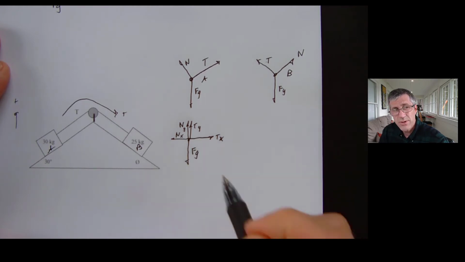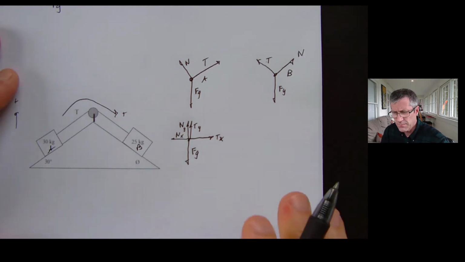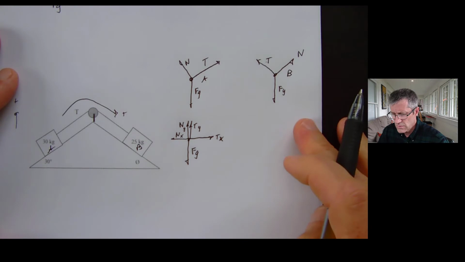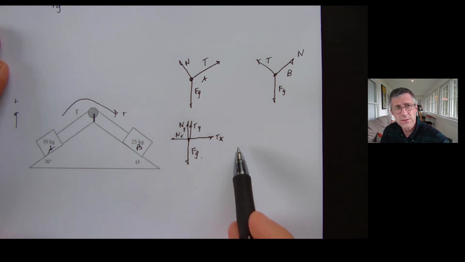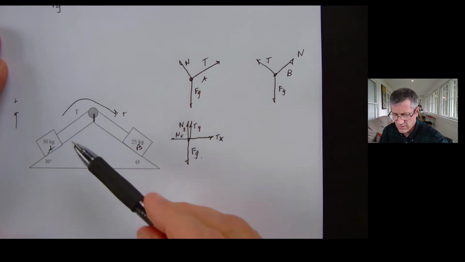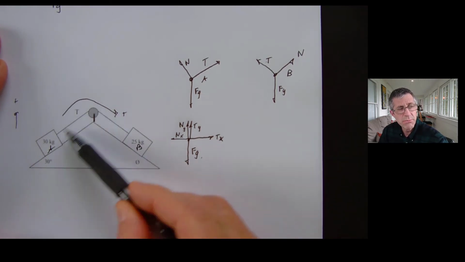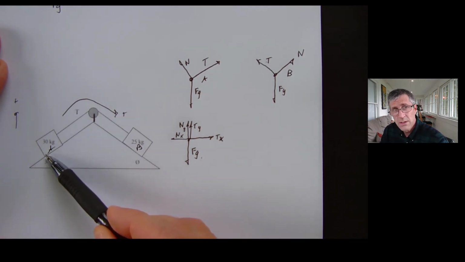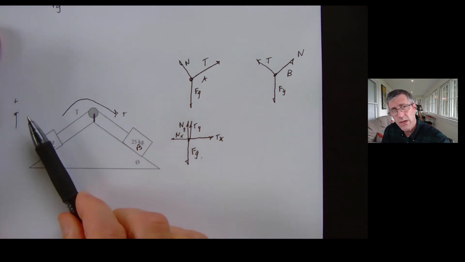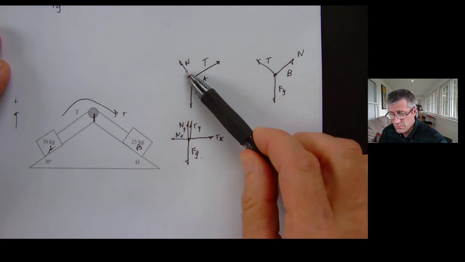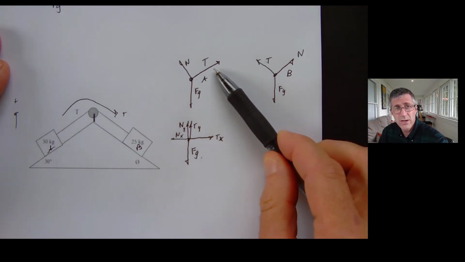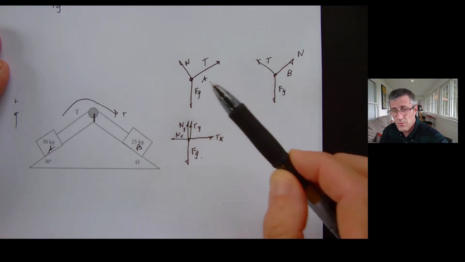Notice I had to separate two of these. There is an alternative, and the alternative that we'll do is there's no reason that our X and Y has to be perfectly horizontal to our page. I can pretend my X-axis is going to be parallel to the slope, and my Y-axis is going to be perpendicular to that. I'm going to line my X and Y axes up with two things that are already perpendicular to each other, so I have fewer things to separate.